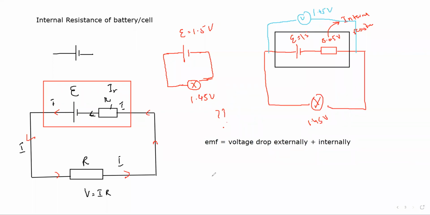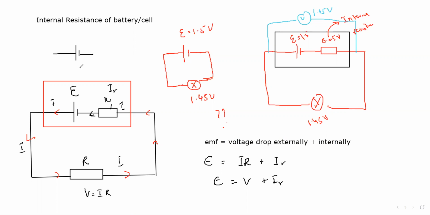EMF is denoted by epsilon. Voltage drop externally is IR, with I and capital R, and voltage drop internally, due to internal resistance, is I and small r. The external voltage drop can also be denoted by V. So we can say EMF equals V plus Ir.